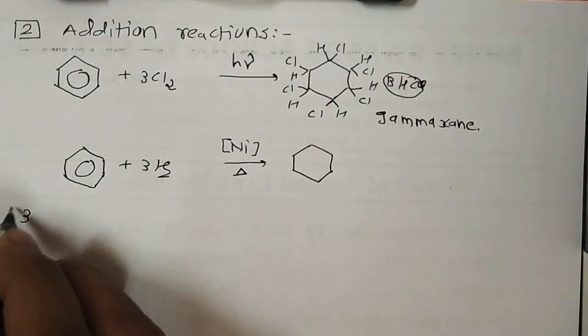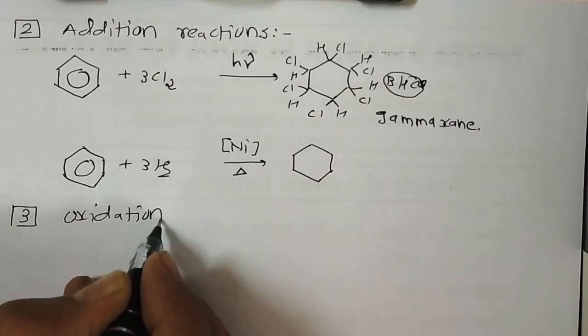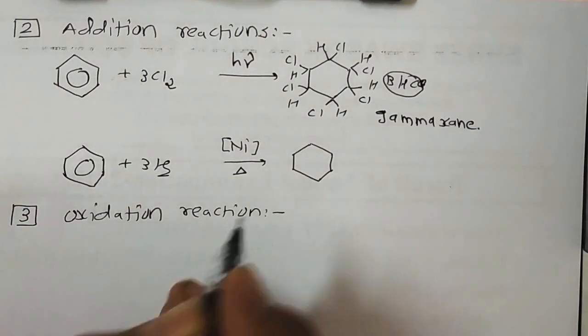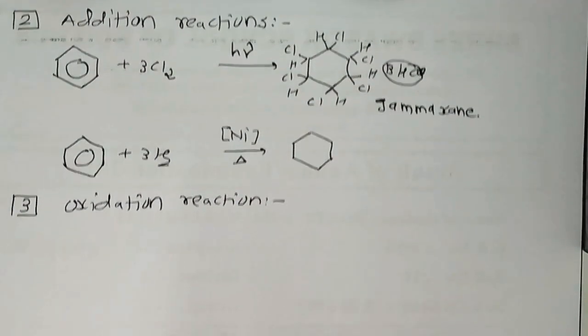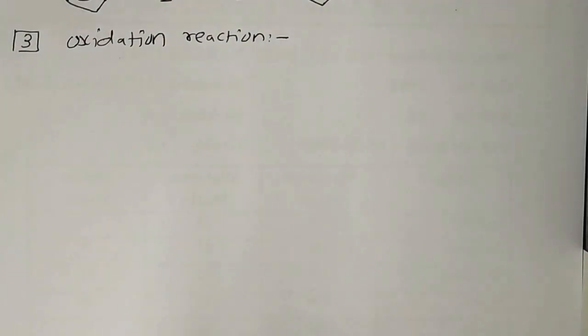Now the number 3 reaction is called the oxidation reaction. As we know, benzene has resonance as well as aromatization, so due to this nature the oxidation is a little bit slow.